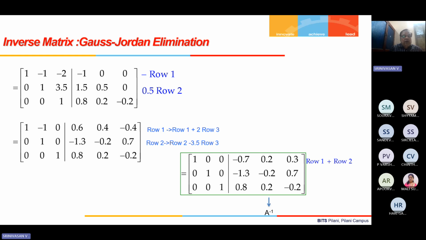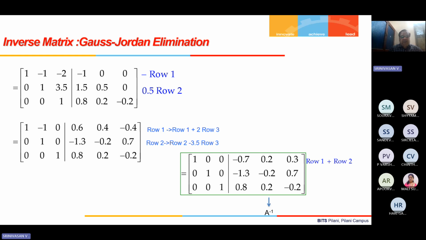So how will you do? This is 3.5, and this is 1. So row 2 minus 3.5 times row 3. So 3.5 minus 3.5 into 1, you get 0. 1.5 minus 3.5 into 0.8, so you get minus 1.3.